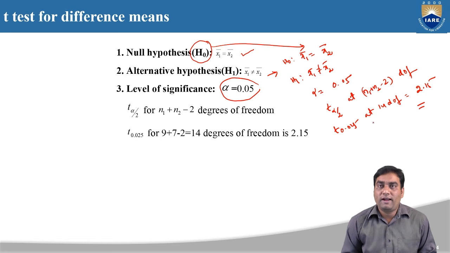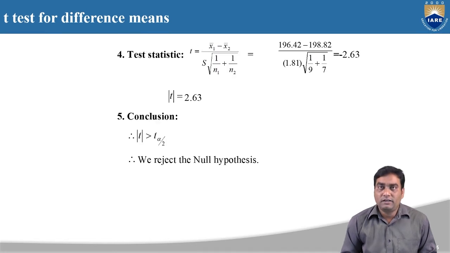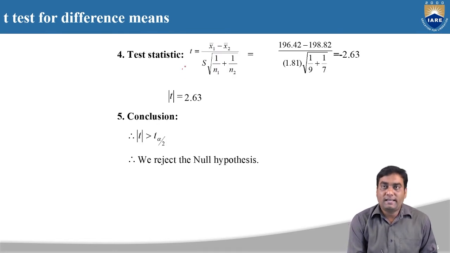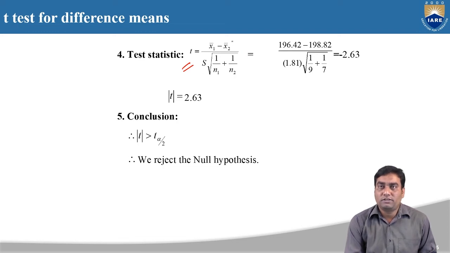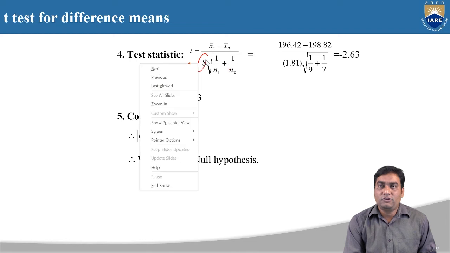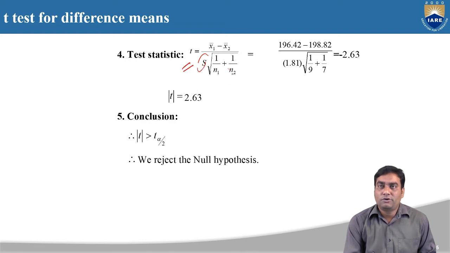So the tabulated value we got in step 3. Now we can find the calculated value, which is the test statistic t, by using the formula x1 bar minus x2 bar by s into under root of 1 by n1 plus 1 by n2. This s value we calculated already, which is 1.81.